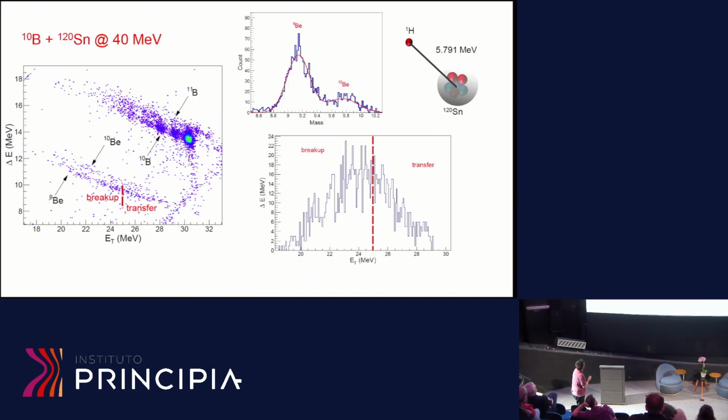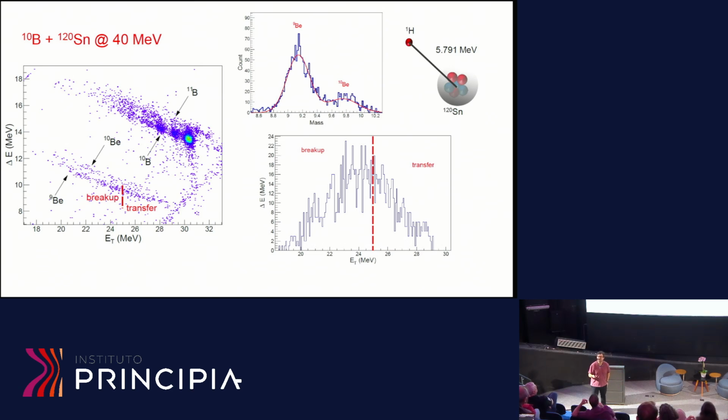Okay, then this is quite interesting. As I said, we can see beryllium 10 and beryllium 9, and if we take only the beryllium 9, this is the projection here, then if you do just arguments thinking about the binding energy of this process, like the Te-120 plus a proton, then we can convince ourselves that part of this data is really populating the breakup continuum.